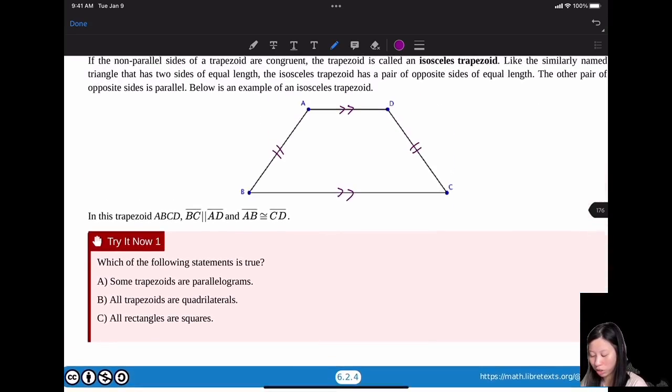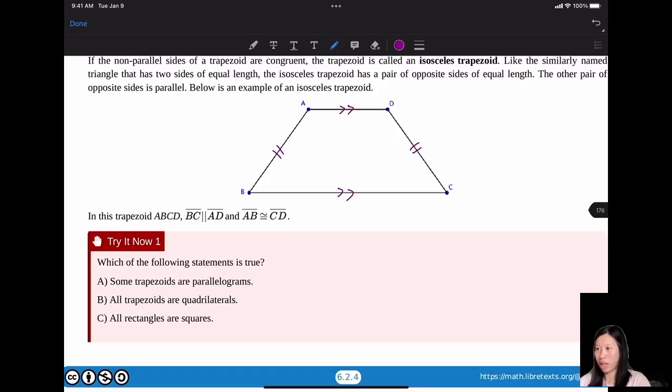Now, which statement is true? Some trapezoids are parallelograms. Is that correct? So what is a parallelogram? This is wrong, because a trapezoid has only one pair of parallel sides and a parallelogram has two pairs of parallel sides.